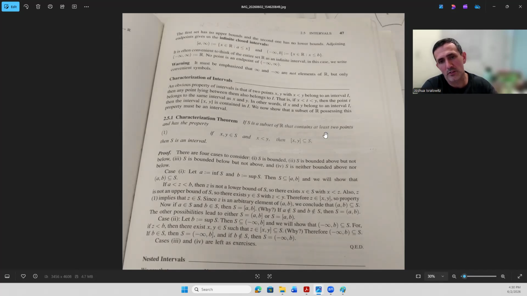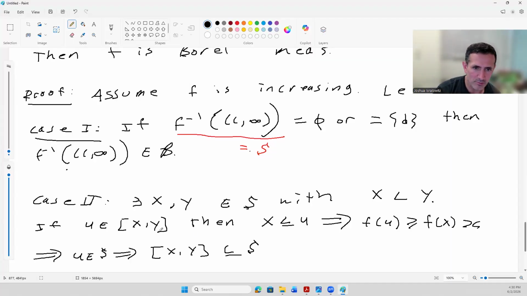In our case, S, this inverse image, contains at least two points and has this property.